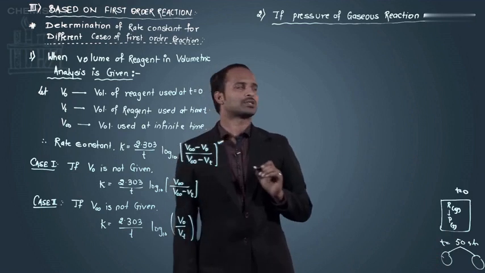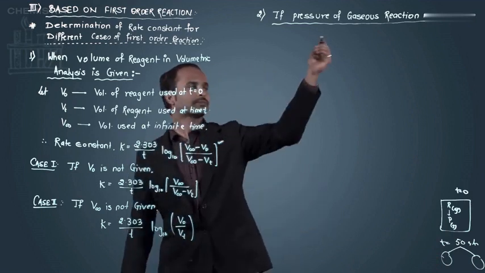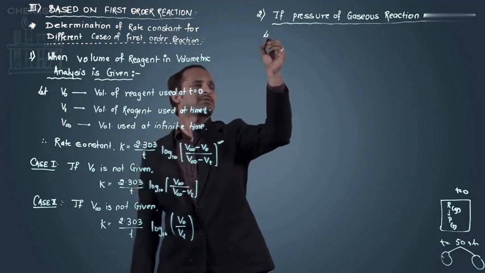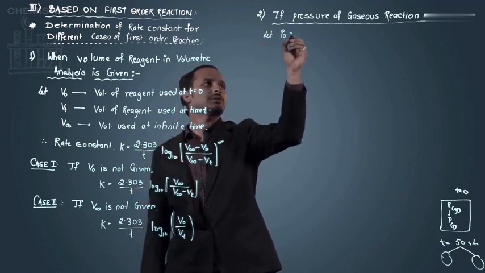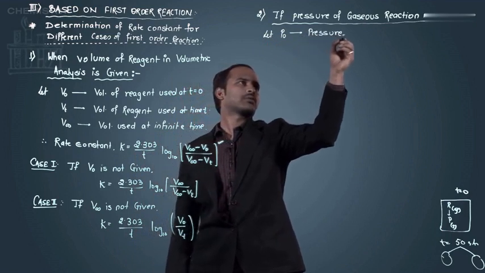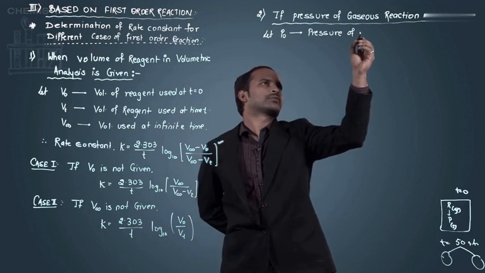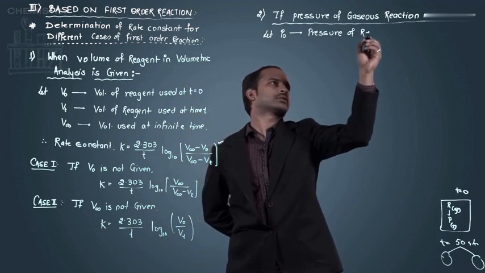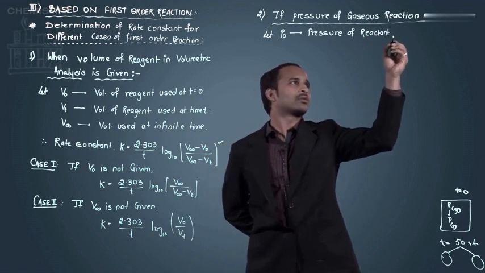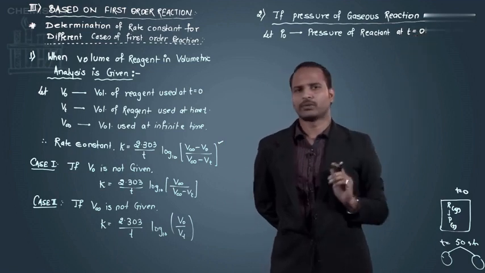Now, what formula will we use in such a case? Here I can say, let P naught be the pressure of the reactant at time equal to 0.